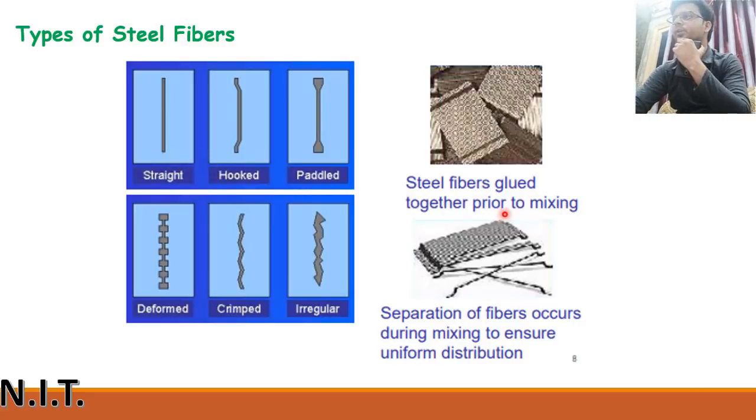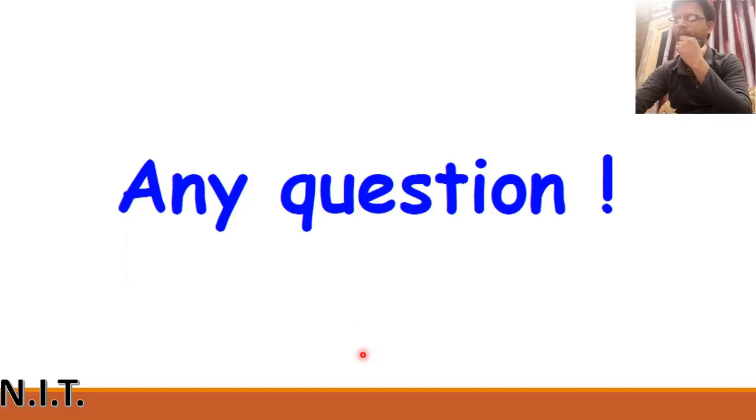Steel fibers are glued together prior to mixing. Can you see this one? It is glued together. All these small fibers are glued together in the form of sheets. Separating of the fibers occurs during mixing to ensure uniform distribution.